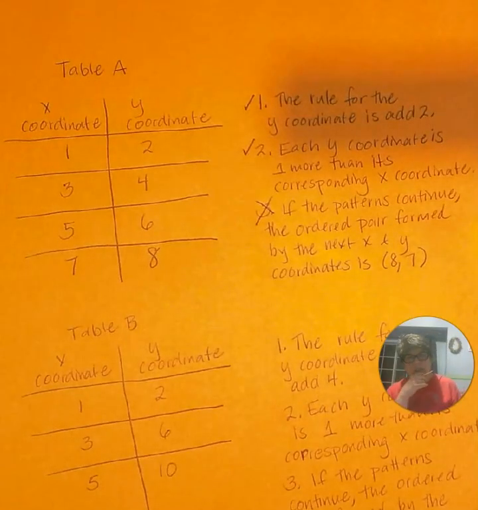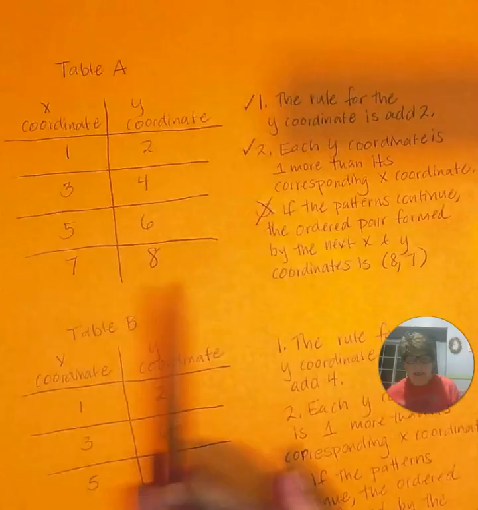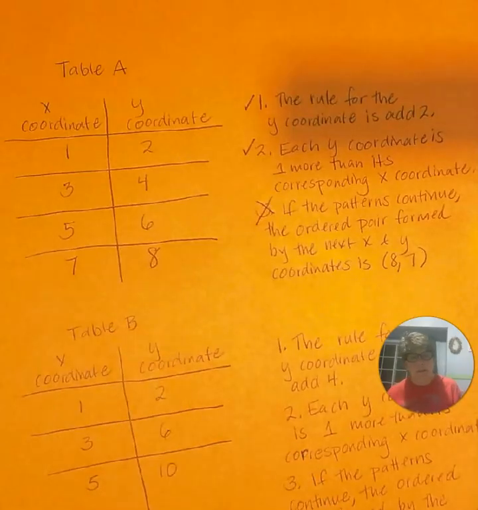Think about the points that table A would make if you were going to plot them on a coordinate plane. Can you look at the table now that we're on lesson 9? You've had quite a bit of experience with these things. Can you plot them? What would they look like? Can you kind of picture it? 1, 2, 3, 4, right?